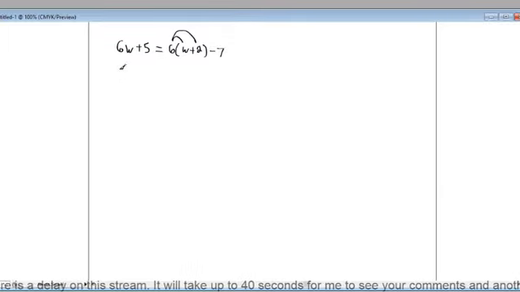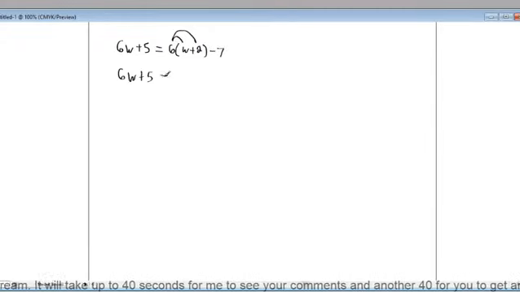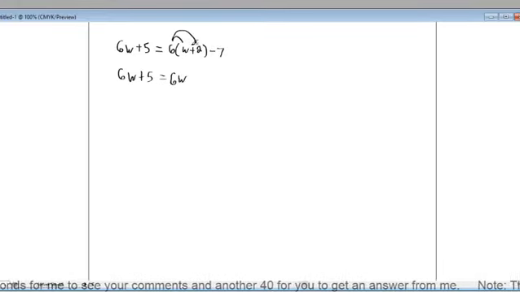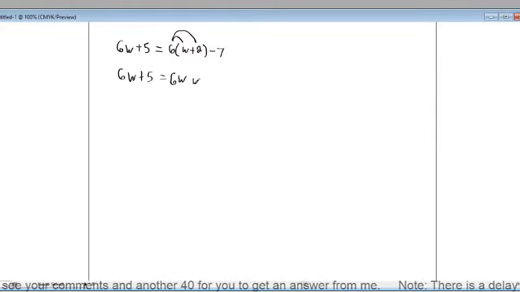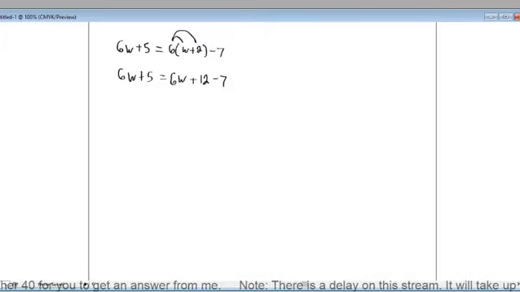So we get 6w plus 5 is equal to, well, if we distribute 6 in here, 6 times w is 6w. And then 6 times 2 is 12. Then drop down the minus 7. Okay, so parentheses cleared.